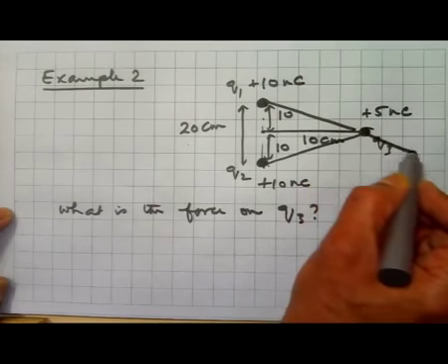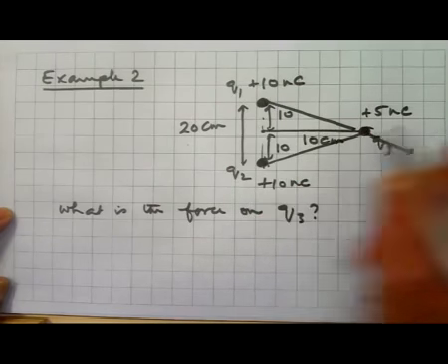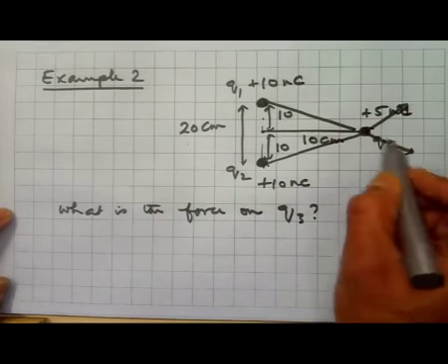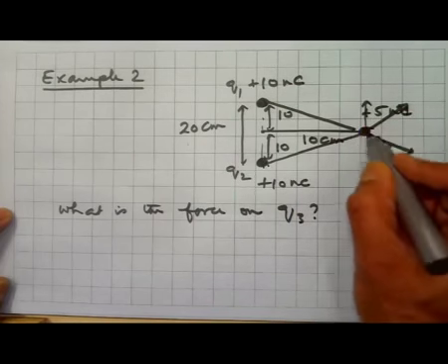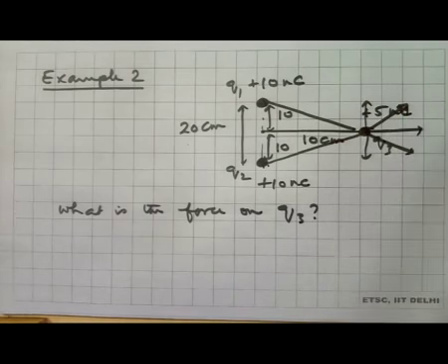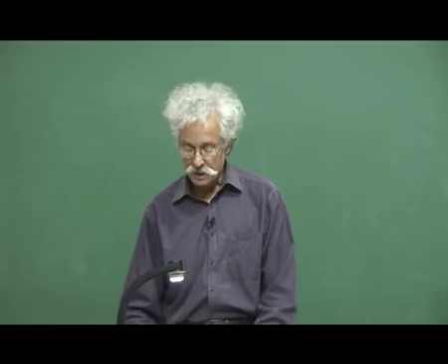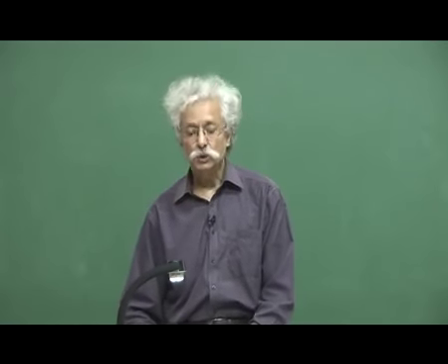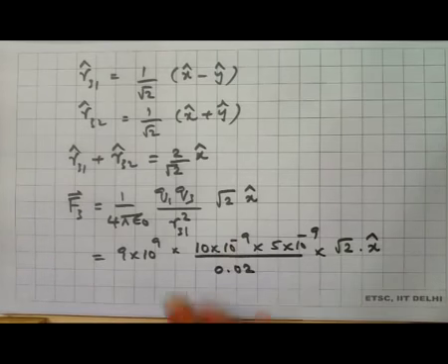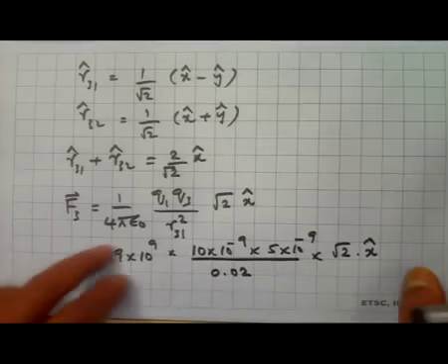So, this charge will be repelling in this direction, and this charge will be repelling in this direction with the same force magnitude. Their y components will cancel each other and their x components will add. This was expected from the symmetry of this problem, that the net force on q 3 should have been along the x axis direction. So, you can substitute these numbers and calculate the total force.